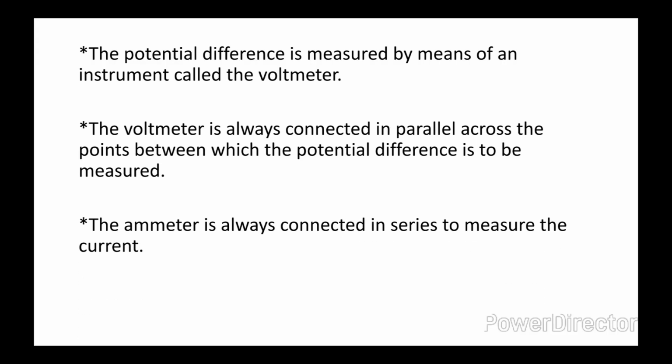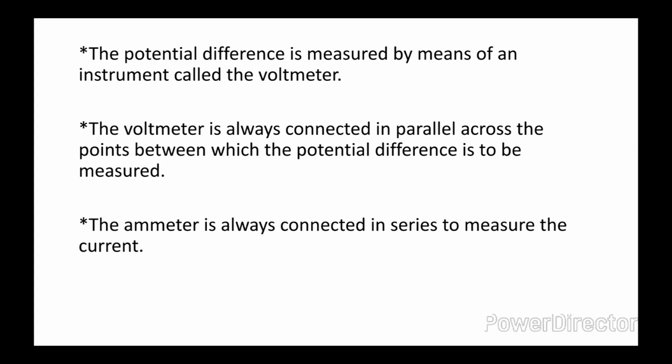And what is the instrument used to measure the current? It is called ammeter. So these 2 points you must remember. One is the instrument used to measure potential difference is voltmeter, and the instrument used to measure the current in an electric circuit is ammeter, and ammeter should always be connected in series to measure the current.